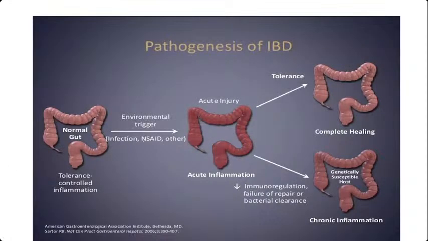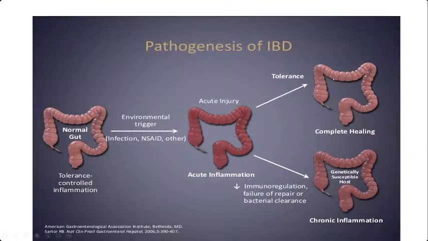So this is a more schematic representation of just the previous slide. You start off with normal gut, where there is tolerance-controlled inflammation, and environmental triggers causing acute injury. This is when the disease flares up.